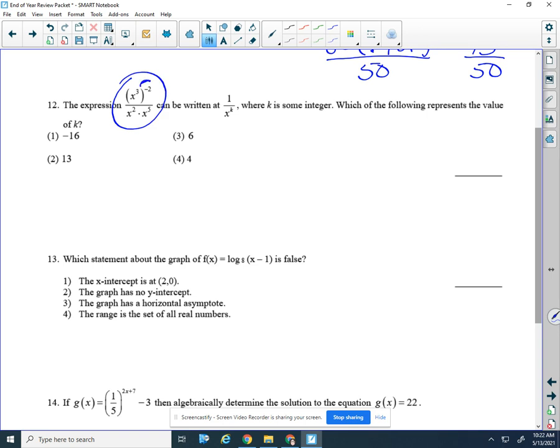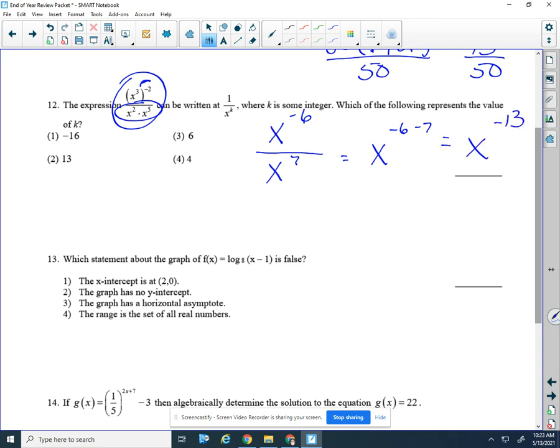First thing, I have a power to a power, so I'm going to multiply those: x to the negative 6. Now down here, I am multiplying with common bases, so I'm going to add my exponents: x to the 7. Now we have common bases, so I can subtract them, negative 6 minus 7, and I get x to the negative 13.